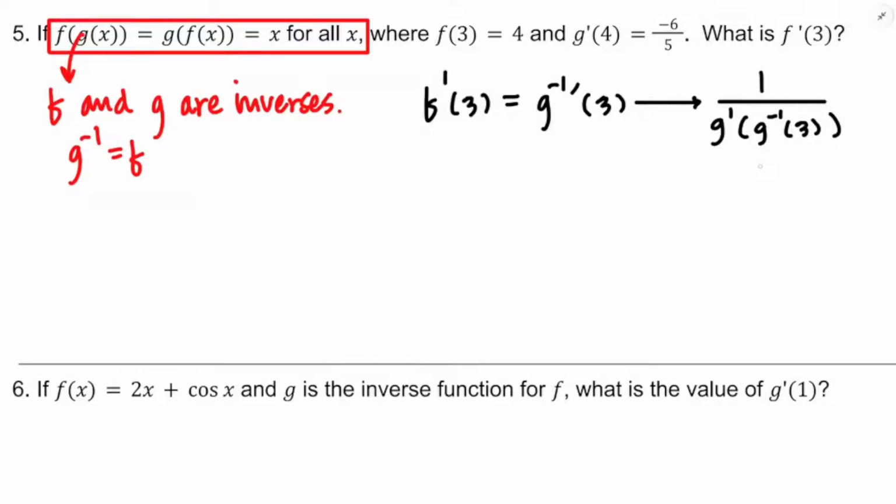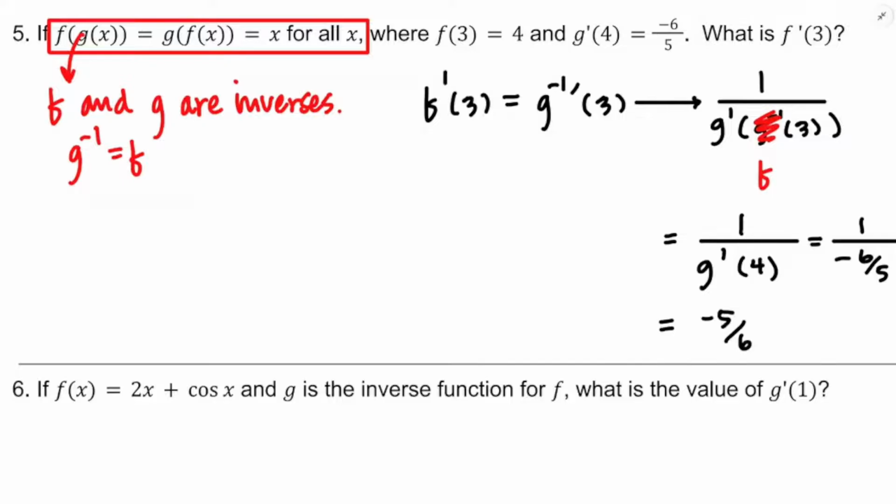I'm just going to call that f of 3. Then they gave us f of 3, which was 4. So this is all to say 1 over g prime of 4, which is 1 over negative 6 fifths. And that's going to be negative 5 over 6.